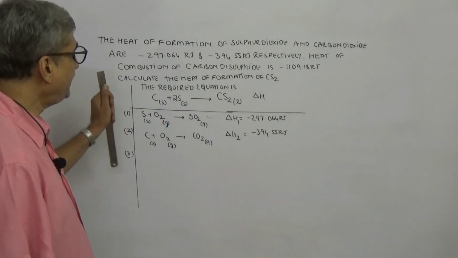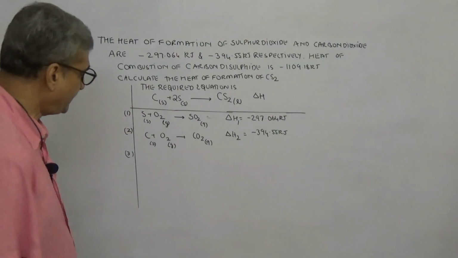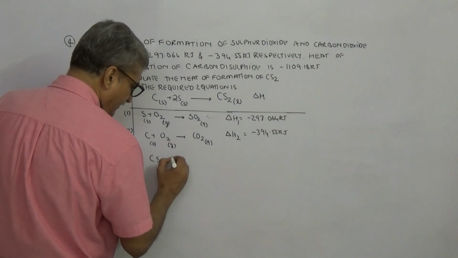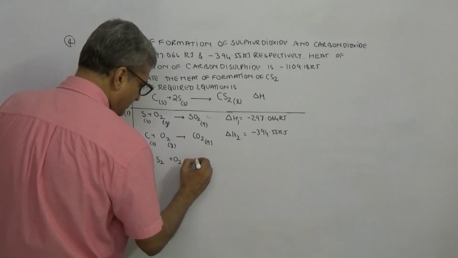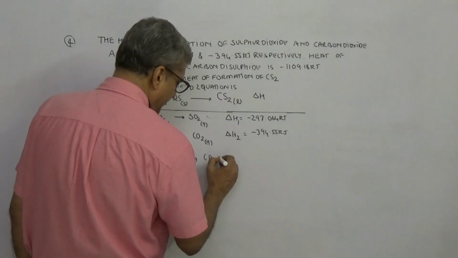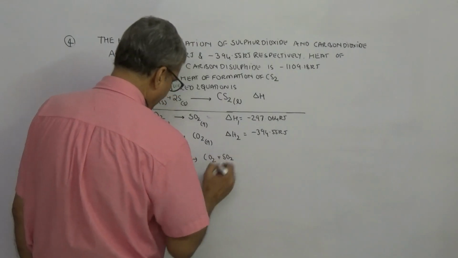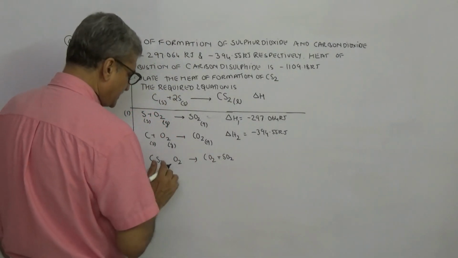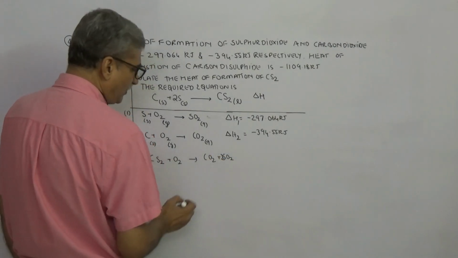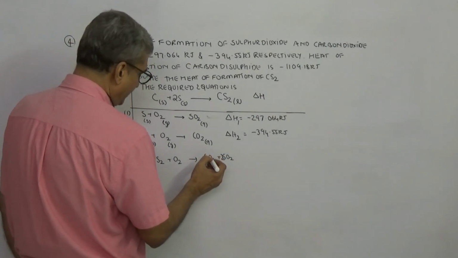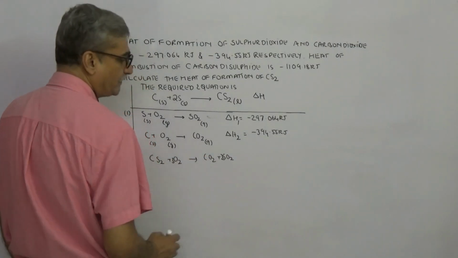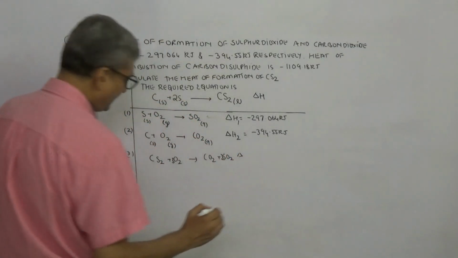Okay. Then we have the third one. They have given the heat of combustion of carbon disulfide. So carbon disulfide, when it burns in air or oxygen, it forms carbon dioxide plus sulfur dioxide. If I make this 2SO2, so how much is this? 2 plus 4, 6. So this is 3O2. I think it's balanced.